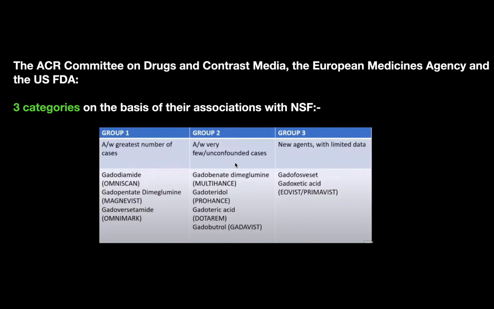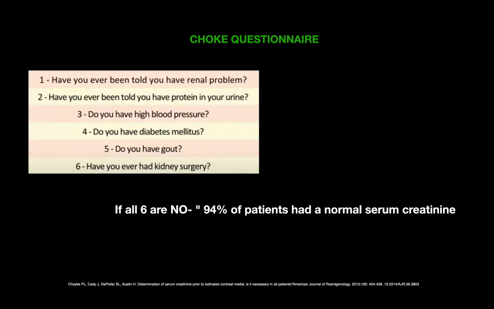Okay. Now, if you are in an emergency situation and you want to ask the patient about normal serum creatinine level, then you can ask a few questions. Have you ever been told you have a renal problem? Have you ever been told you have protein in your urine? Do you have high blood pressure? Do you have diabetes?